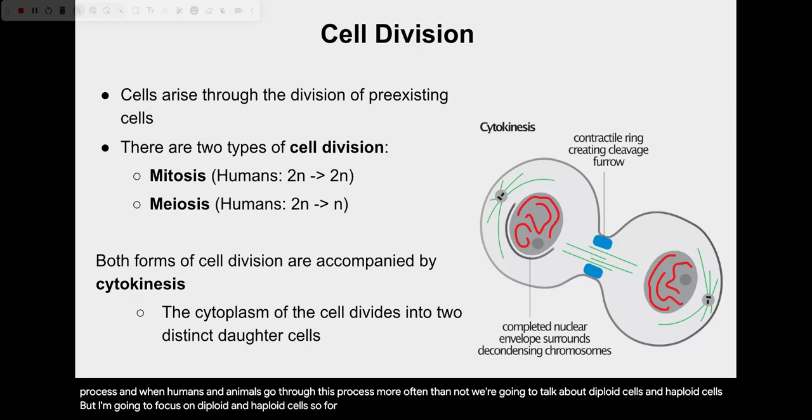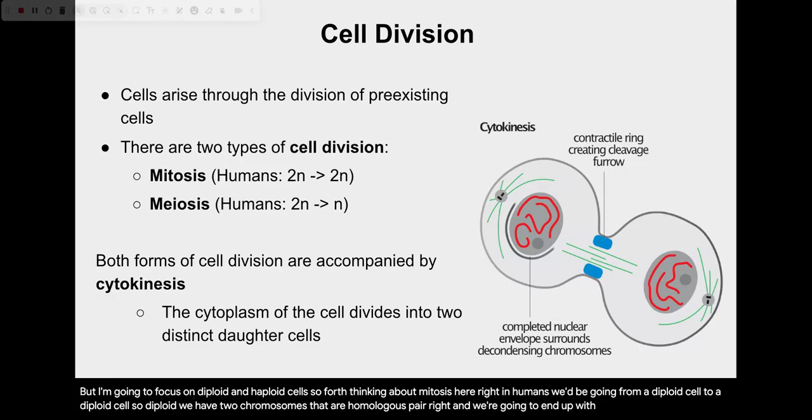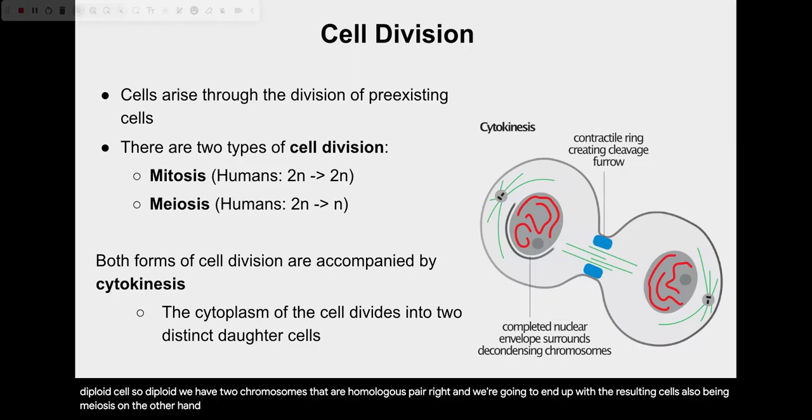So if we're thinking about mitosis here, in humans, we'd be going from a diploid cell to a diploid cell. So diploid, we have two chromosomes that are a homologous pair, right? And we're going to end up with the resulting cells also being diploid. Meiosis, on the other hand, we're going to start with a diploid cell, and we're going to end with a haploid cell. So half the amount of the genetic material. Right? And we'll talk about these processes.